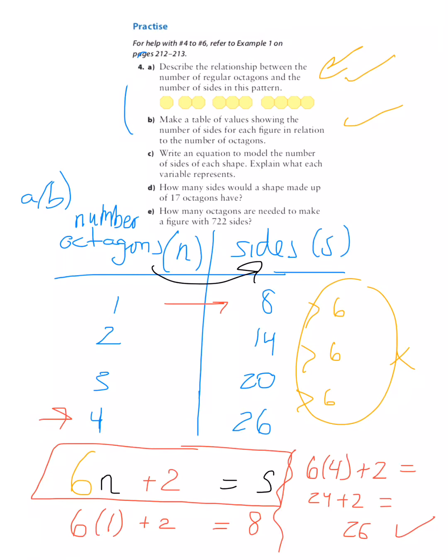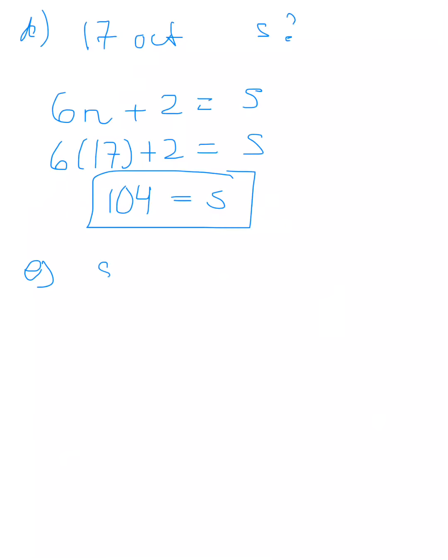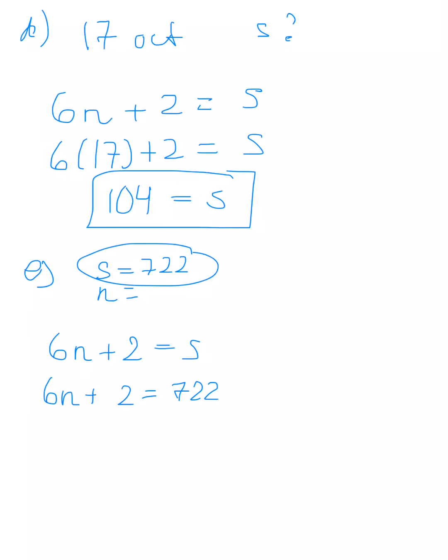And part E says how many octagons are needed to make a figure with 722 sides. So it gives us the sides, 722, and we're trying to find N. So go back to our equation, 6N plus 2 equals S, and plug in what we know. This time we're plugging in S because they gave us that one, and then we solve it.